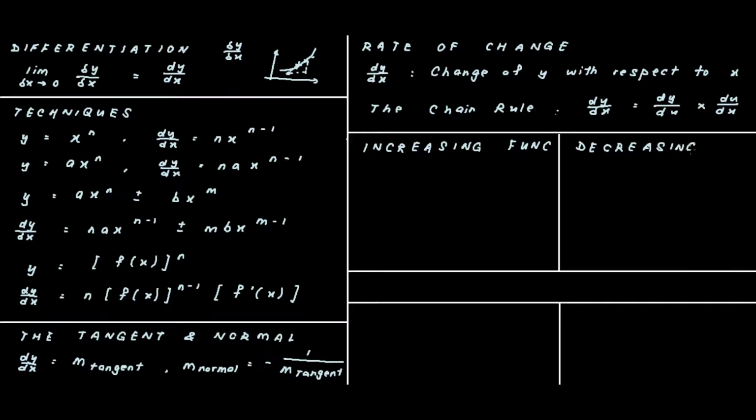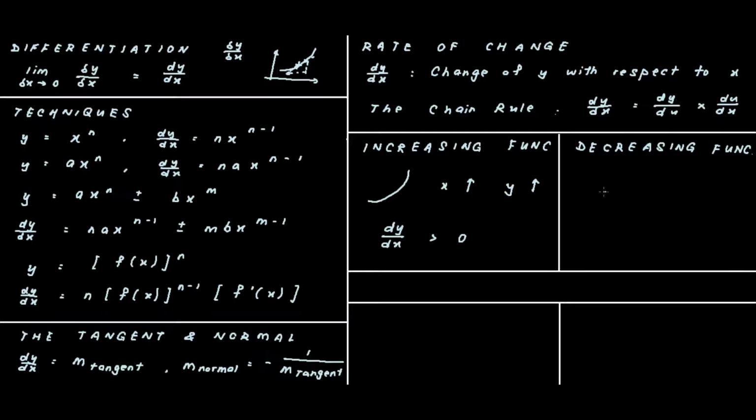When we talk about an increasing function, it's when x increases, then y also increases. A decreasing function means that when x increases, then y decreases. So for example, if I have something like this, you can see that when my x increases, my y also increases. So the rate of change of y will always be positive. That's why my dy dx will be greater than 0.